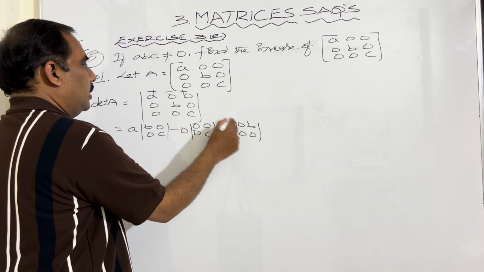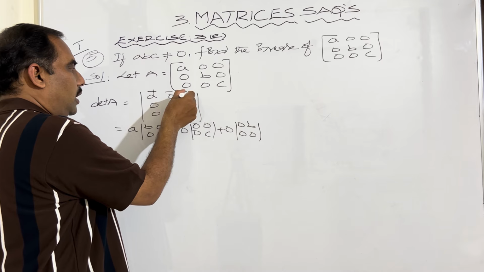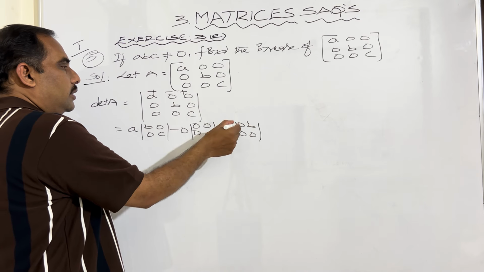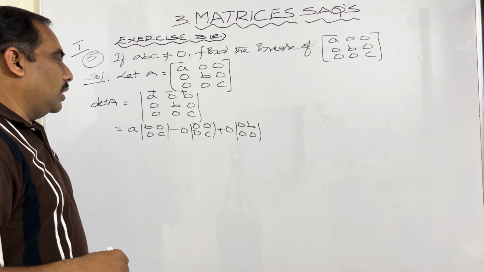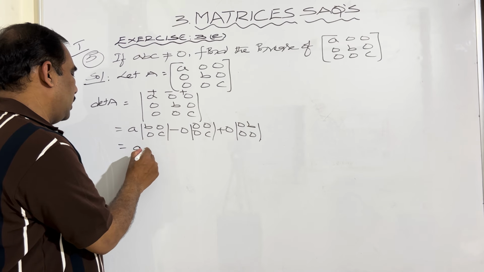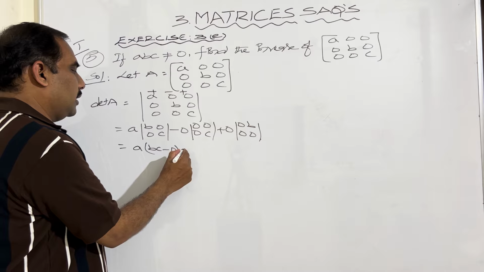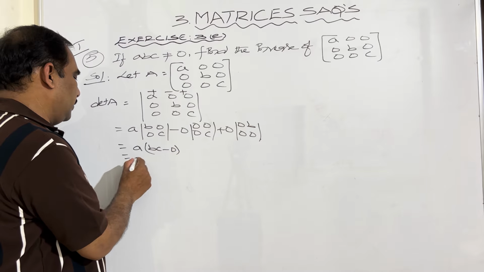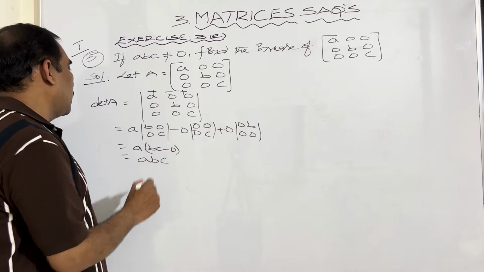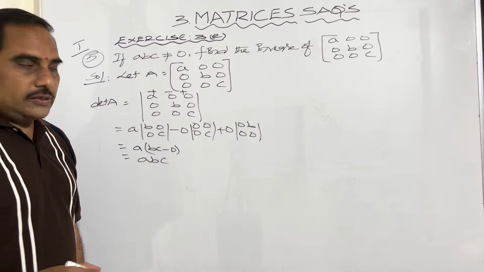When you eliminate the 0 presenting row and column, we get these. So we get A into BC minus 0, and the rest is completely 0. So finally the determinant of matrix A is ABC.